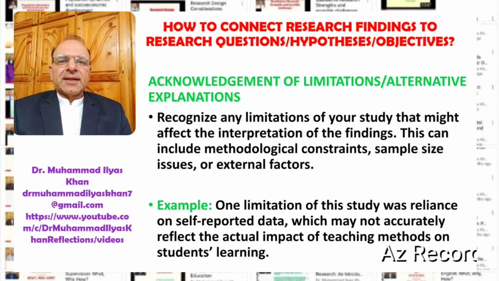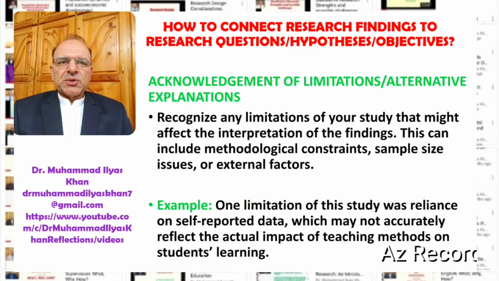Acknowledgement of the limitations or alternative explanations of our findings. Again, this is an extremely important way in which we can organize and link back our research findings or results to our research questions, objectives, or hypotheses.